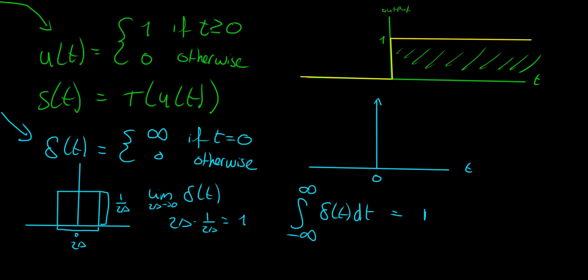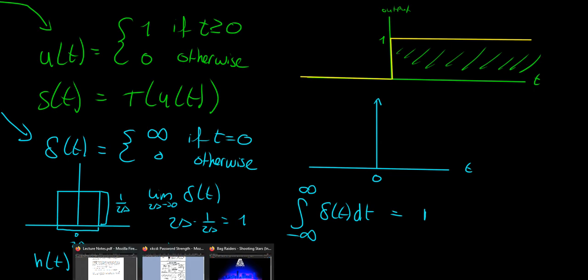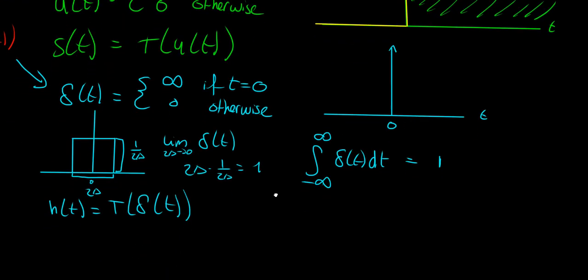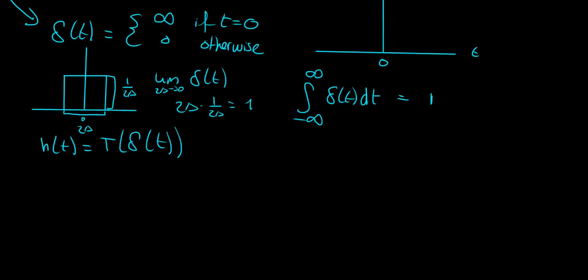And this has some other properties. First is, of course, its impulse response, h of t, which is what we get if we put our impulse function through our system. And this impulse function has some other important properties.